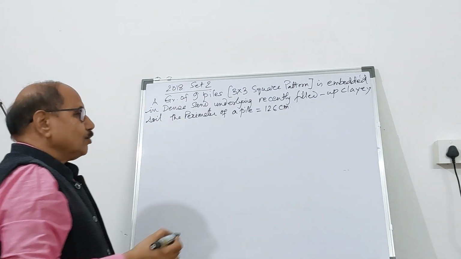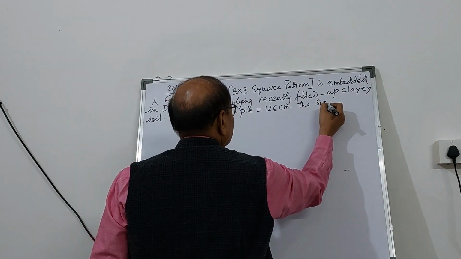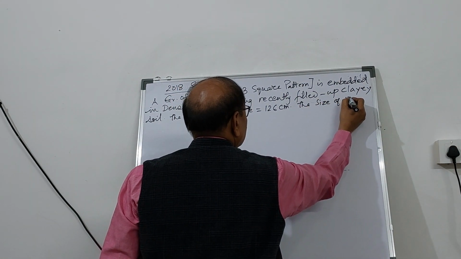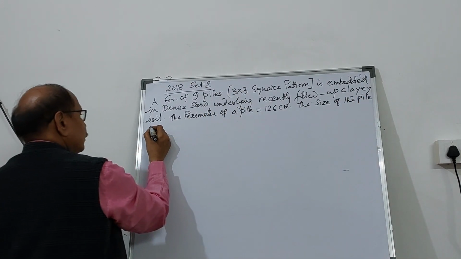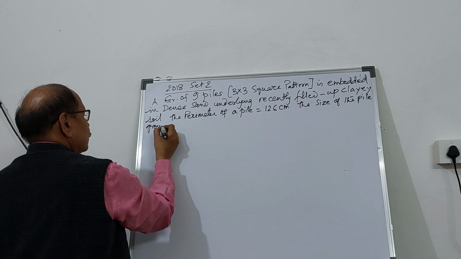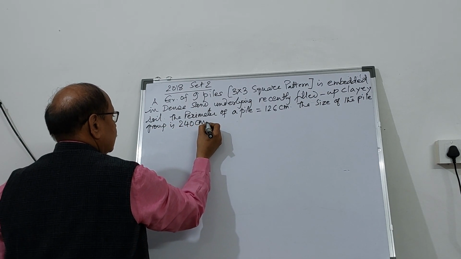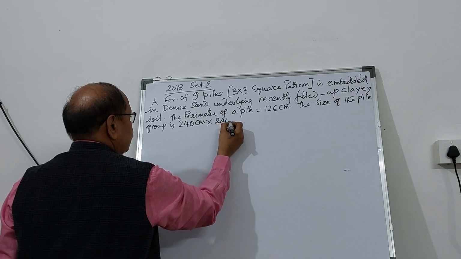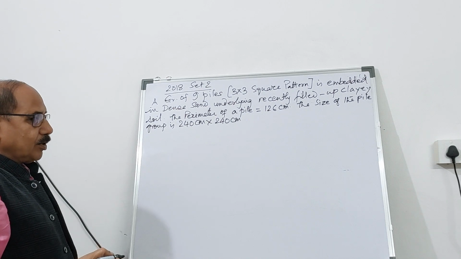The size of the pile group is 240 centimeter by 240 centimeter. This is also given in the problem.